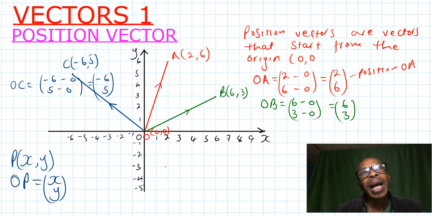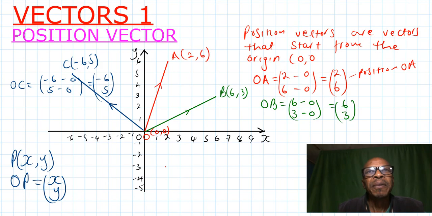And position vector, why are we learning about position vector? They are very important because we'll be working with the position vector and column vector in most of the problems in vectors. So position vectors help us to identify the column vector. Let me show you that.